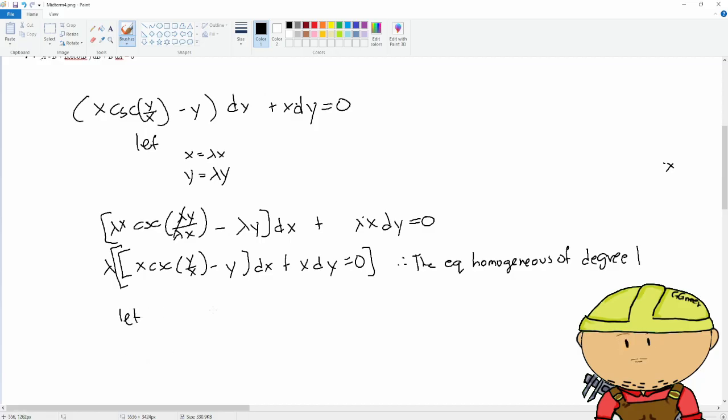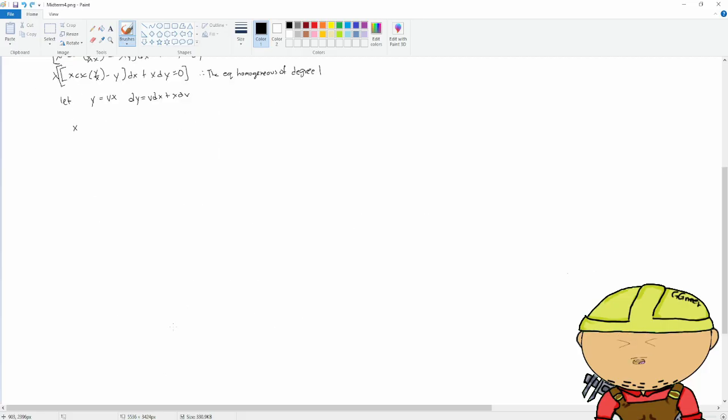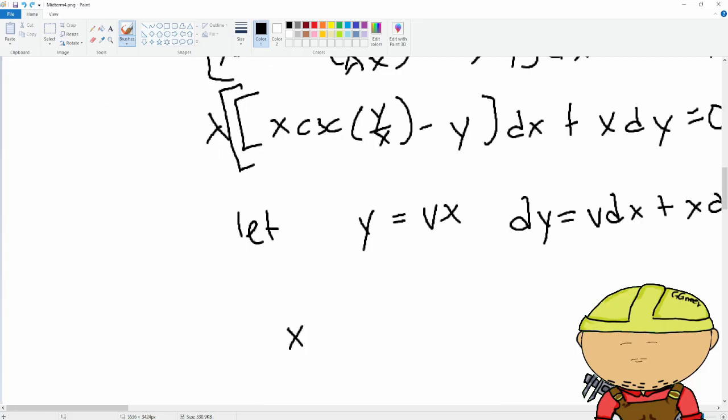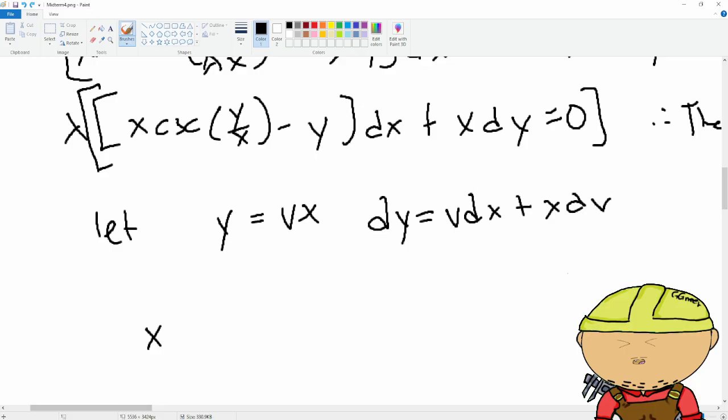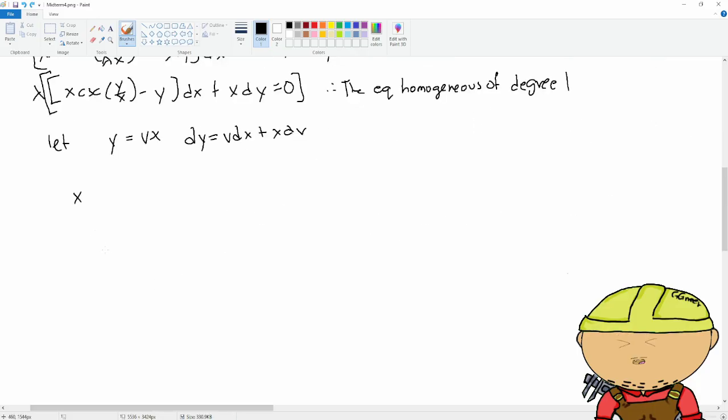Let y is equal to vx, dy is equal to v dx plus x dv. So in this case, this will become x cosecant, it's still going to be cosecant, v x over x. Cancel x.